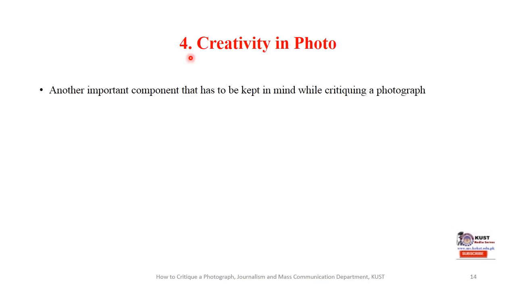Another element that you have to keep in mind while critiquing a photograph is the creativity in the photograph. You need to check whether there is an element of creativity in the photograph or it is a normal photograph, right? So it is another very important element while critiquing a photograph.